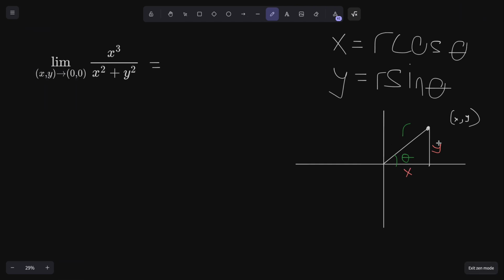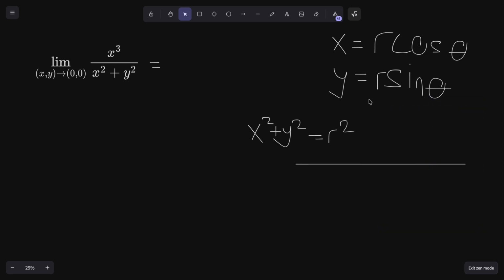And notice how x squared plus y squared gives you r squared. So that's another property: x squared plus y squared is equal to r squared, because that's a right triangle. These are 3 things you've got to know.